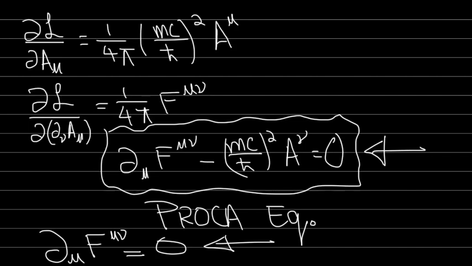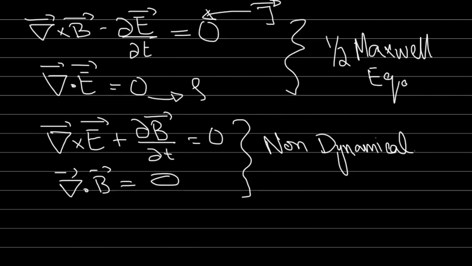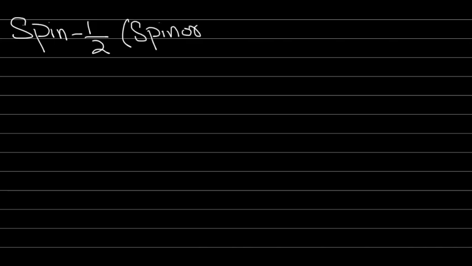Now finally, let's just talk about the spin half fields. Let me write it down over here, spin half, right? And so spin half fields, these are called the spinors, and these fields are represented with psi and psi bar, right? We have discussed psi and psi bar in the video on relativistic spinors, right?